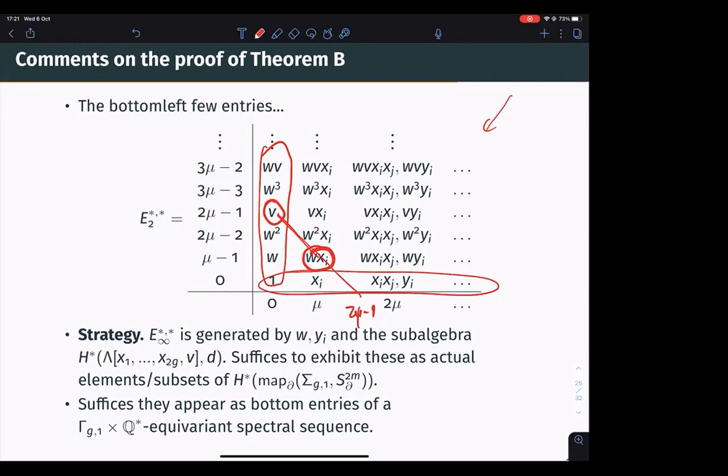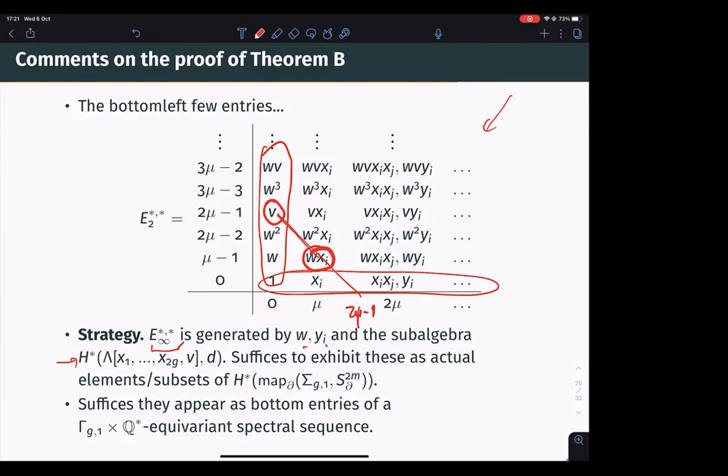Still, whenever you have two things in the same diagonal, if they survive in the infinity page, you have trouble, essentially. But after some thinking, we know that the infinity page is generated by W, Yi in this subalgebra that just contains Xi's and V's.